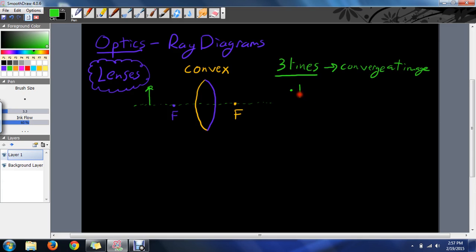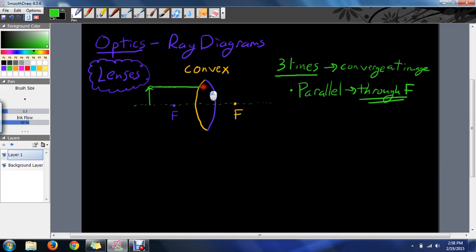So the first is the same. Light that goes in parallel, of course, as we know, this is the whole point of mirrors and lenses, ends up going through the focus. And of course, you only worry about what happens after it engages with the lens.